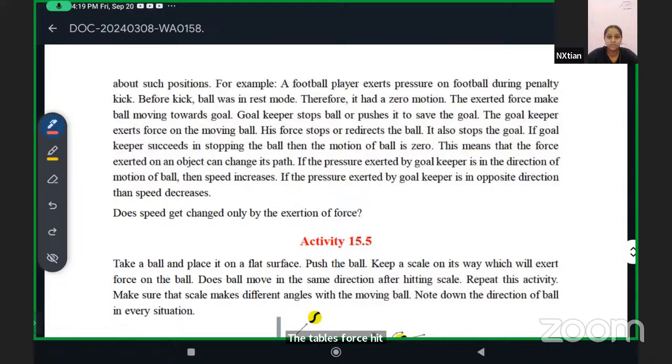Yes, Abraham, do you want to add something? Yes, ma'am. The table will show the same amount of force because of friction. Because of friction? Yes, it will show a force because of friction. That's right.